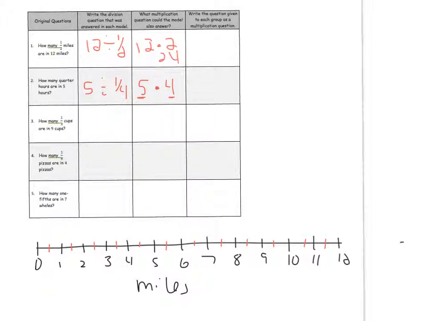How many 1/3 cups are in 9? So we're taking our 9 and dividing it by 1/3, which means that we're multiplying by 3, because we have our 9 and we're splitting it into 3 parts.